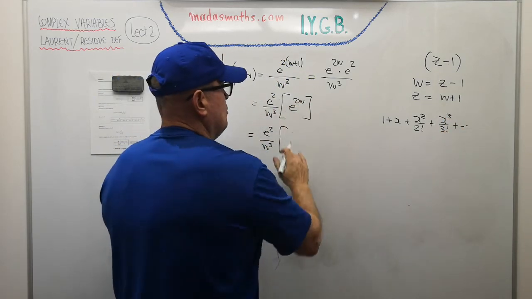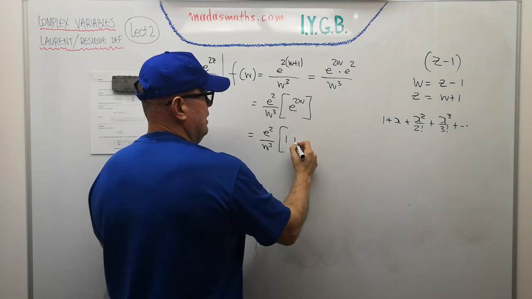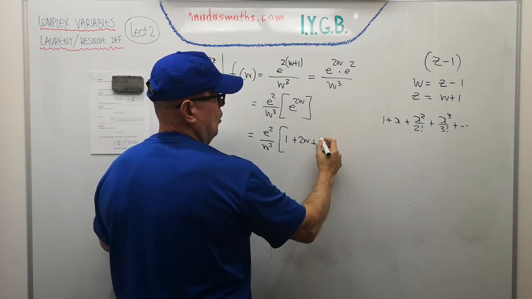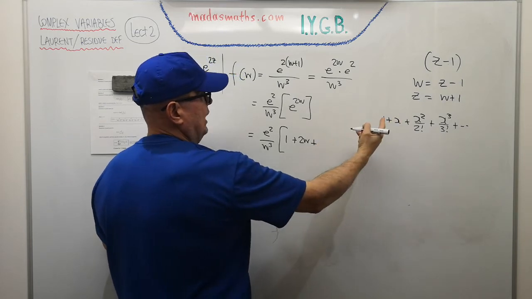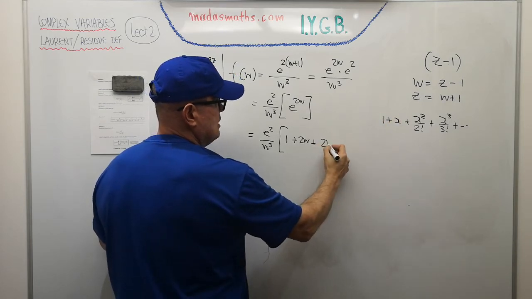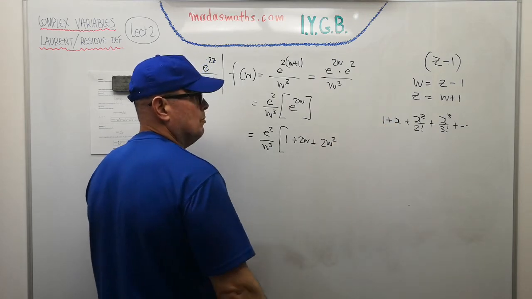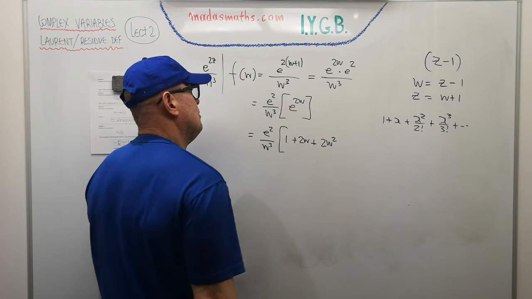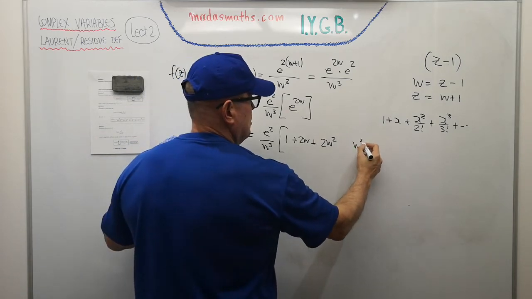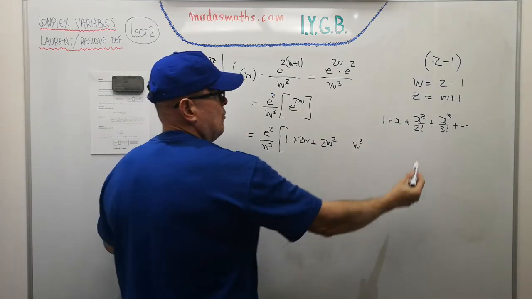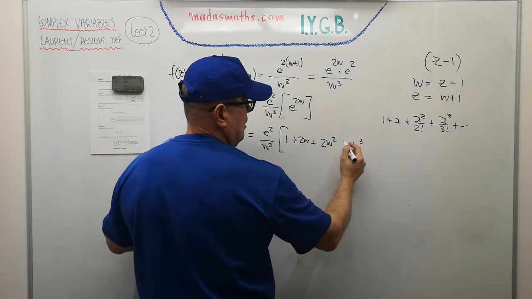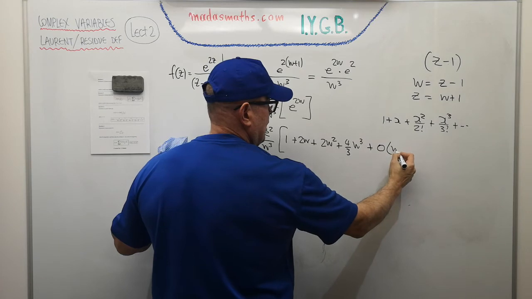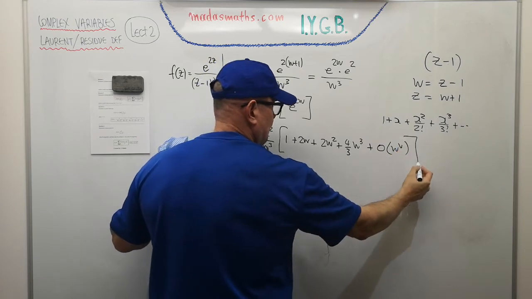So my argument there is 2w, so it's going to be 1 plus 2w plus 4w squared over 2 factorial, another 2w squared, because it'll cancel with the 2 from the 2 factorial. And then I'm going to have 2w cubed, so 8w cubed over 3 factorial, which is 6, so that's going to be 4/3 there, plus terms of at least w to the 4.